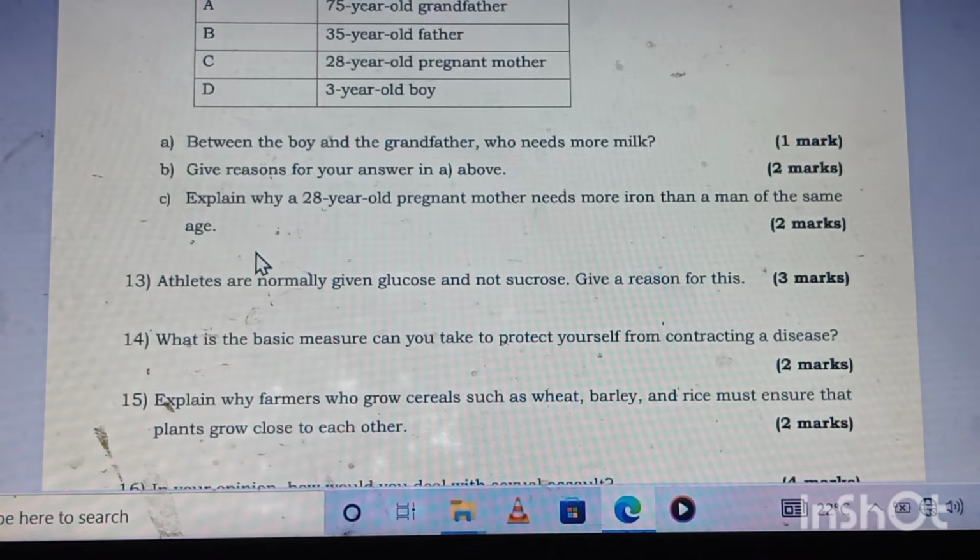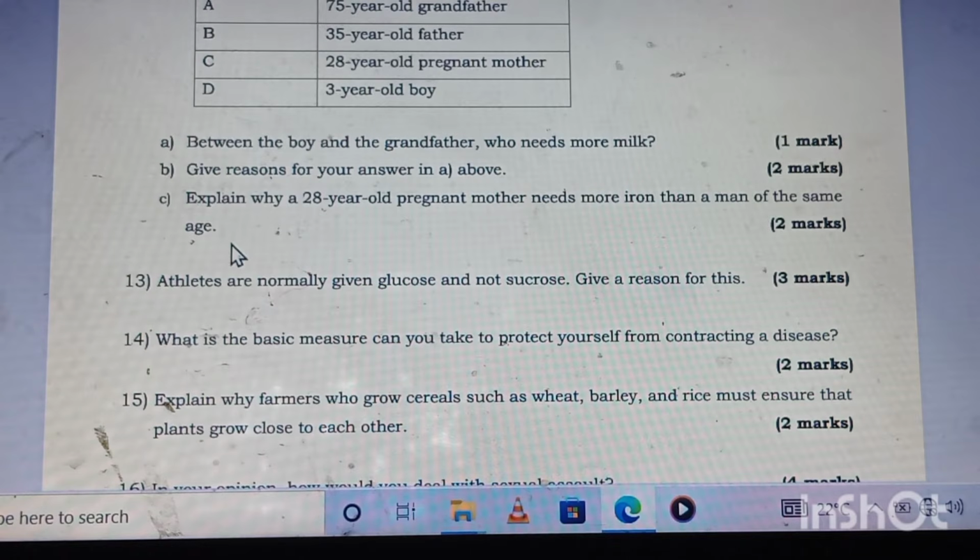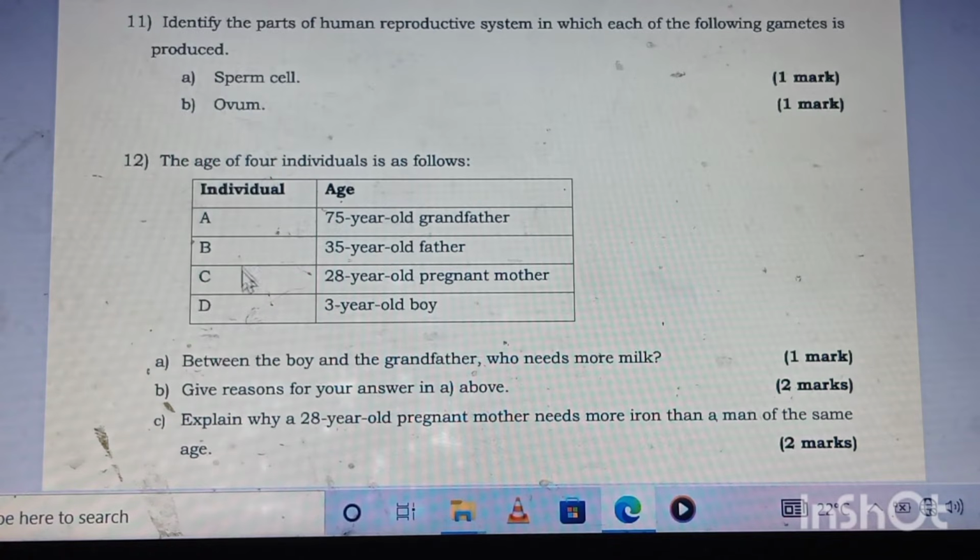Yes, question number 12. The ages of four individuals are given. We have individual A, individual B, individual C, and individual D. Age 75 years old for grandfather, 35 years old for father, 28 for pregnant mother, 3 for the boy.